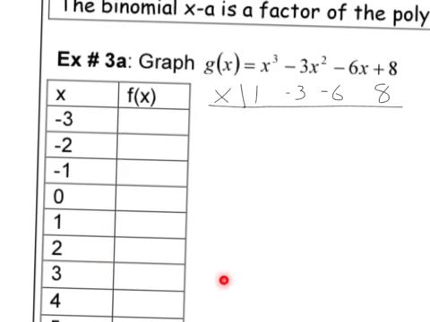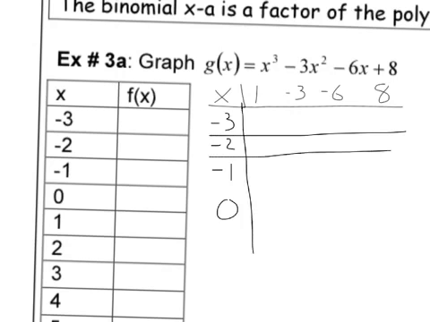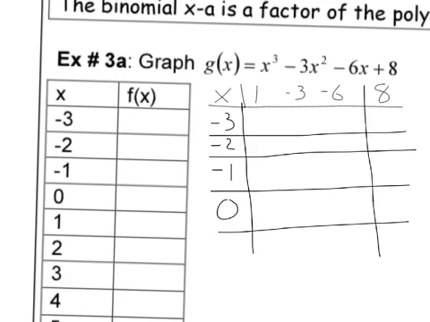Now I know that you guys have learned how to create a table on your calculators, but we're going to just show you how you could do it relatively easily without a calculator. So let's just do a few numbers to start off: -3, -2, -1, and 0. It does require a little bit of mental math, but I have faith in you guys.